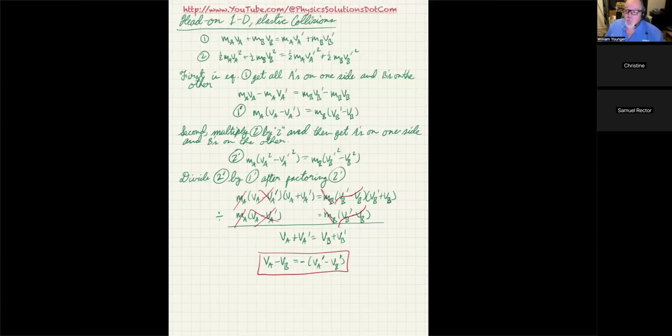And that just makes one equation that we can use instead of starting with equation one, conservation of momentum, and equation two, conservation of kinetic energy. We can start with this, and that sort of already takes both of them into account. And then we can use any of the other ones that we want to help us figure out the rest. That'll make more sense once you see an example. But does anybody have any questions on that?